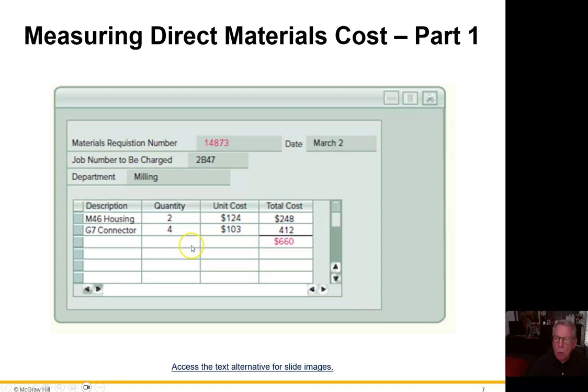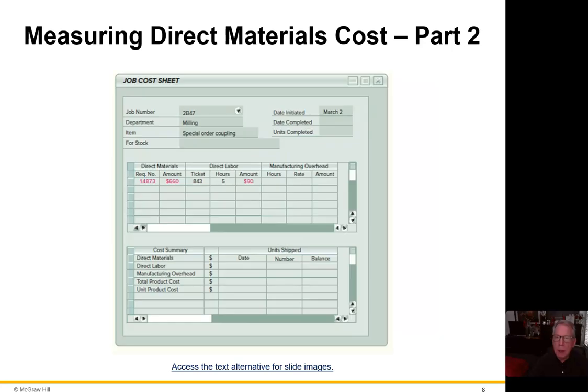So now we have 2 raw material items, a quantity of 2 for the housing and a quantity of 4 for the connector, and the unit costs and the total cost for a total of $660 that we're bringing in from raw materials inventory to work in process inventory and charging directly to this job. All right, so here is that job that we just brought that in.